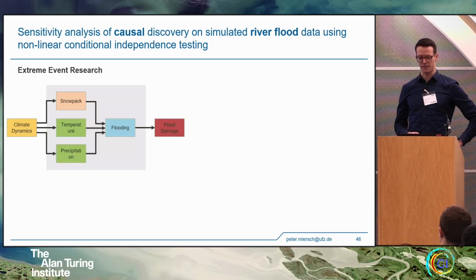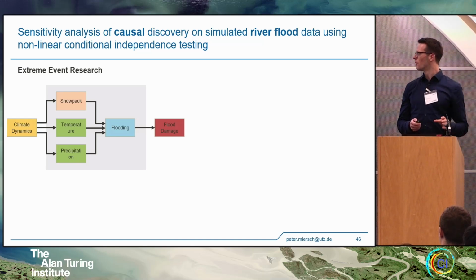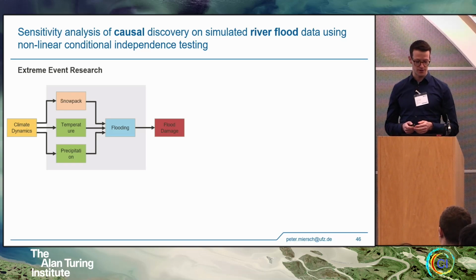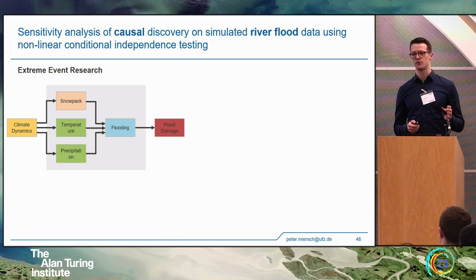I come from the domain of extreme event research, and what I try to understand is how this system works, where climate dynamics impact our meteorological drivers like snowpack, temperature, and precipitation, and how this then translates into a hazard, in my case, flooding, which then further translates into an impact, flood damage.